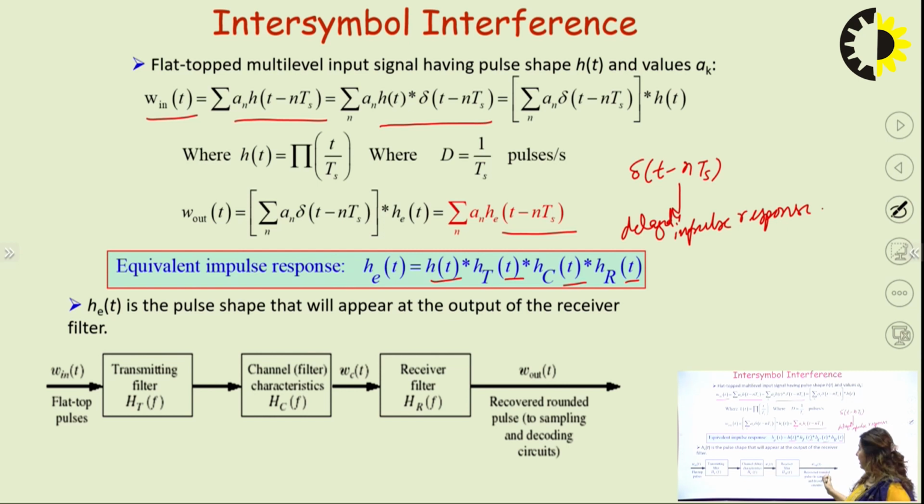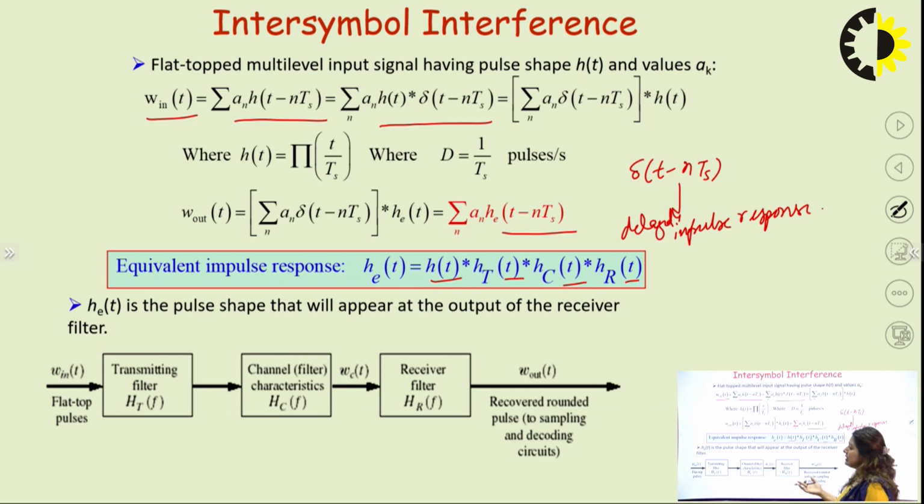After that we will use these pulses for modulation and then send them to other coding circuits. So we have a series of these filters, H_T(f), H_C(f) and H_R(f). As they are in cascaded form, they can easily be multiplied in the frequency domain.